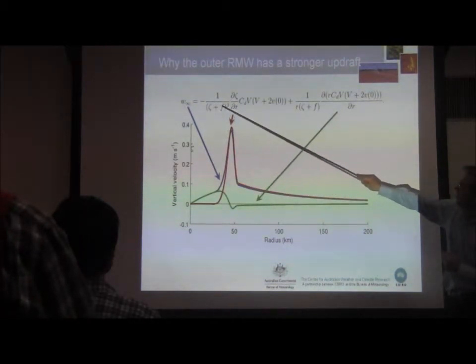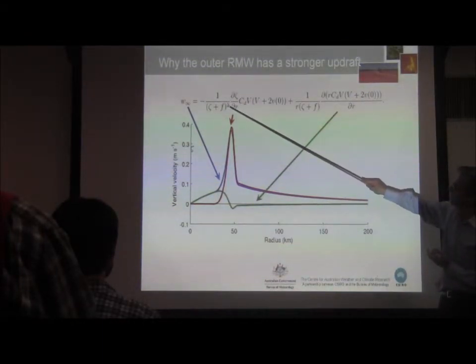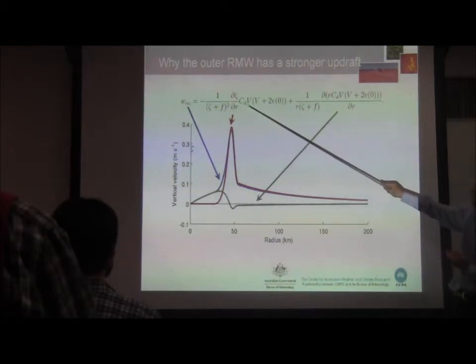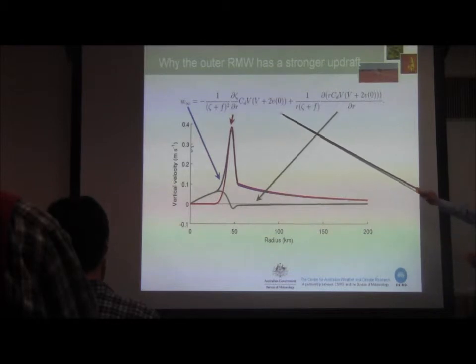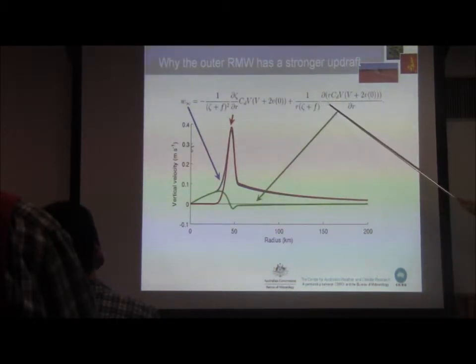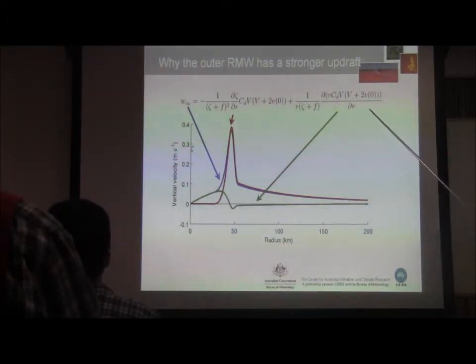The red curve is this first term. Now this first term looks like the vorticity gradient times the stress. So it's 1 on vorticity squared, vorticity gradient times the stress, and that's the red curve. The green curve has got the stress inside of the derivative. So this term is actually the curl of the stress term.